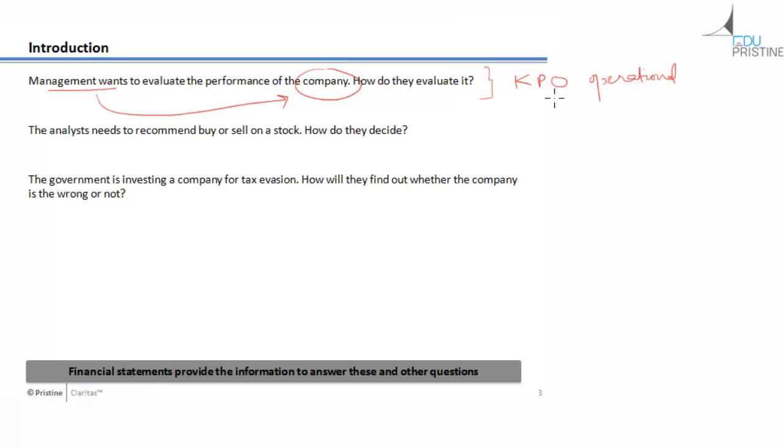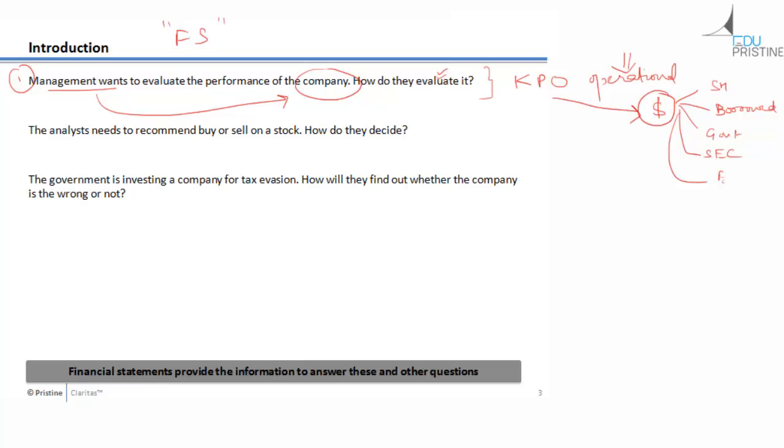At the end of the day, you need to show this performance in dollar terms to different stakeholders, which includes your shareholders, the people from whom you have borrowed, or should I say the debt providers, the government, the stock exchanges or SEC, employees, your debtors, your creditors, etc. So the short point I'm driving home is that although there is some operational way to evaluate the performance of the company, the same is not complete. The same needs to be done in dollar terms as well. So how to do that in dollar terms? The answer to that question is financial statements.